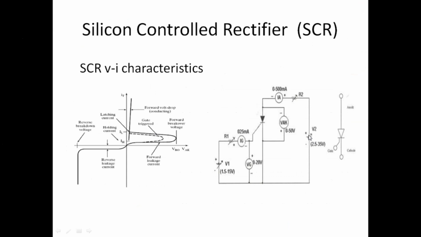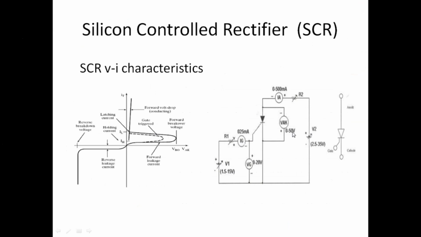Here it is shown as DC, it may be DC or AC. In this method we should connect some gate voltage so that gate current is injected into the gate terminal, in between these two terminals.